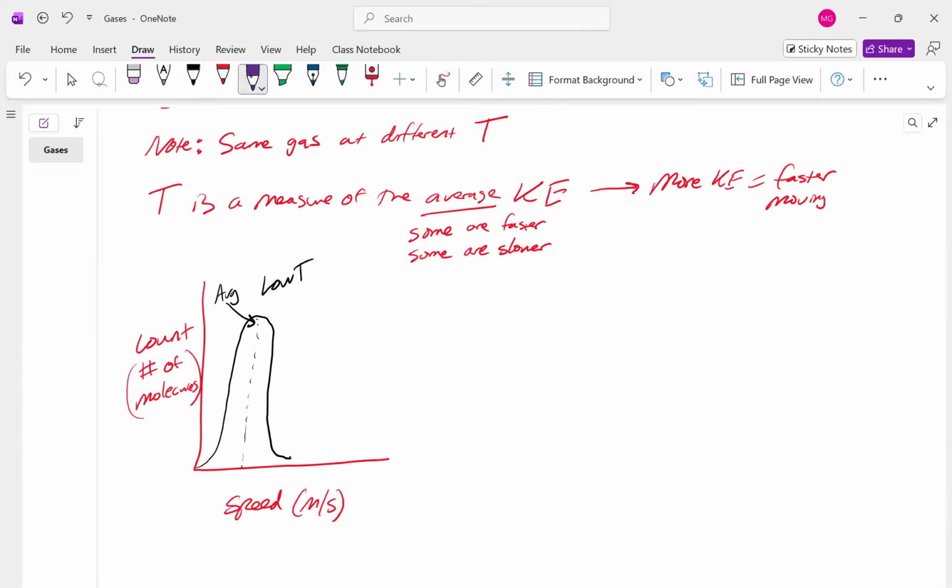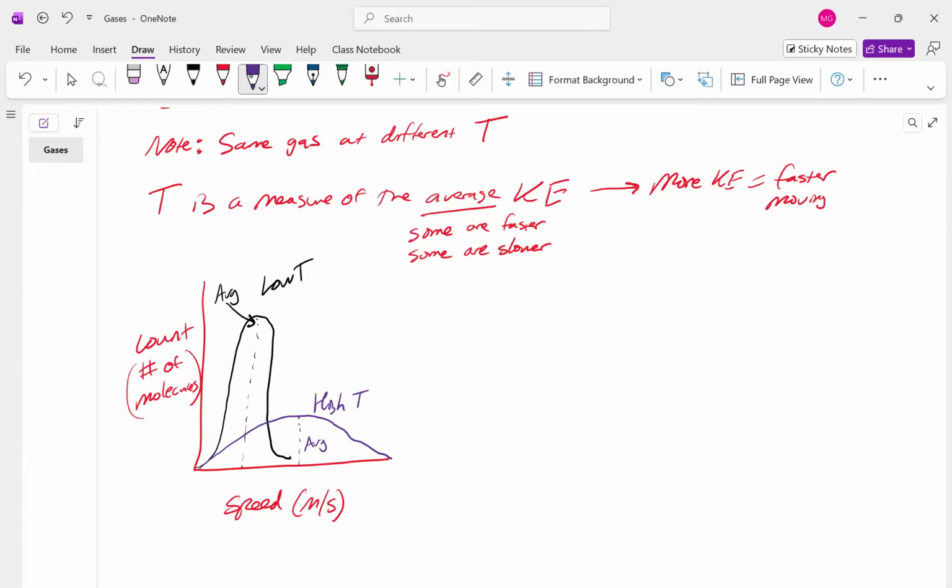If I take that same exact gas and I increase its temperature, what do you think this curve is going to do? Well, I'd expect the average to be higher, and I'd expect more molecules to be moving faster. So the curve now flattens out a little bit. And here's my average.